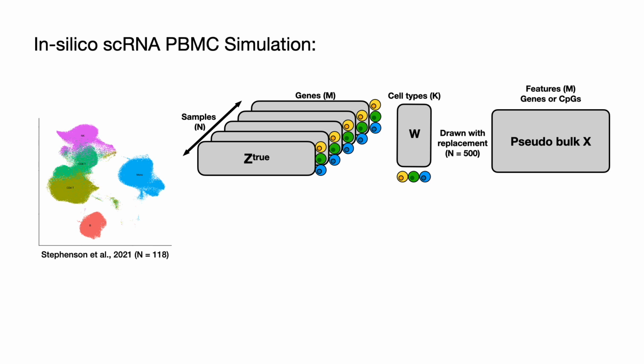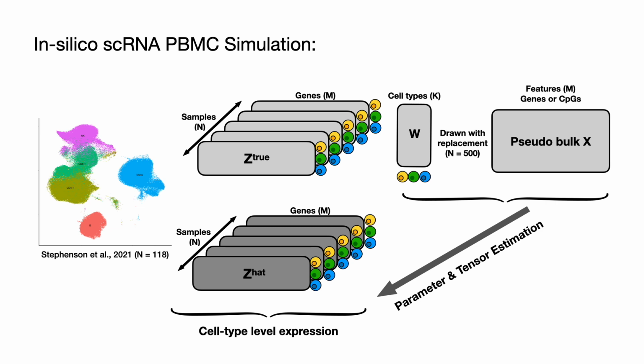With Z and W, we're going to construct our heterogeneous pseudobulk X. Next, we give this W and X to 4 competing methods and ask them to do the parameter estimation and tensor estimation, and eventually give us the estimated cell type specific profile Z hat. We then compare gene by gene and cell type by cell type the correlation between the true and the estimated.